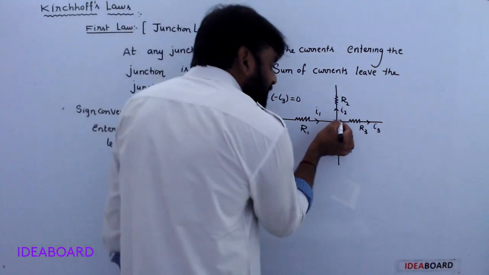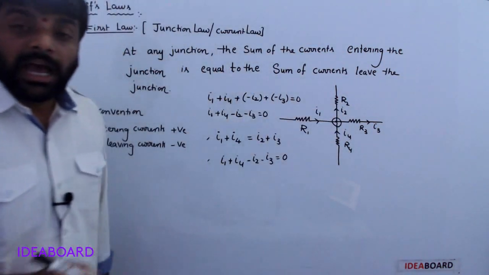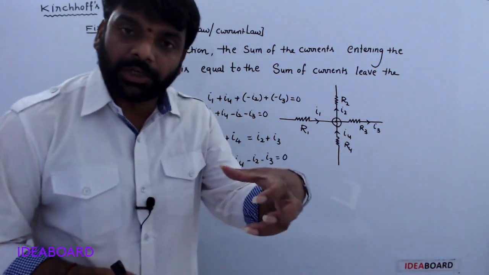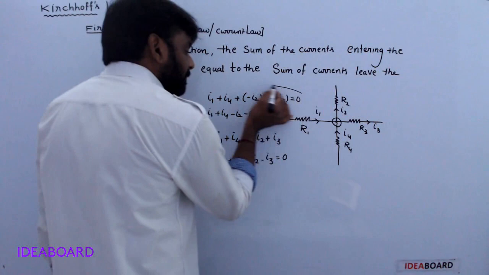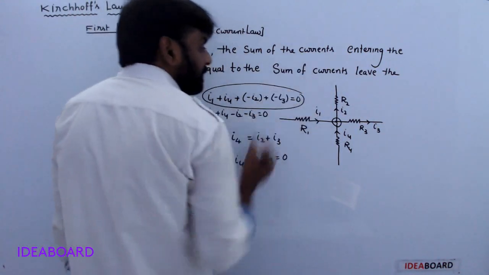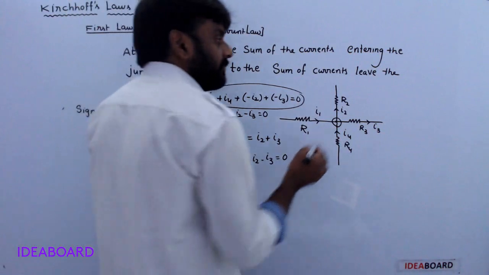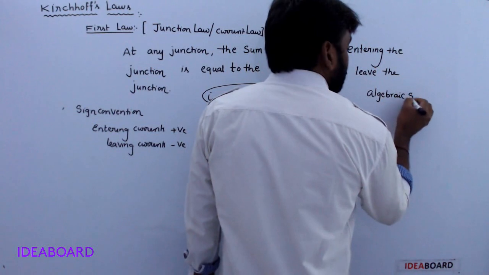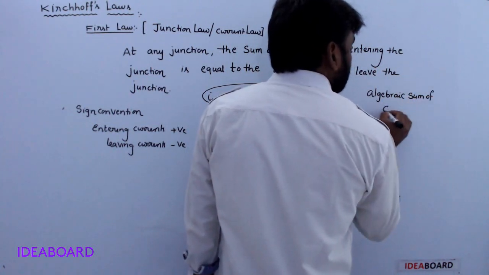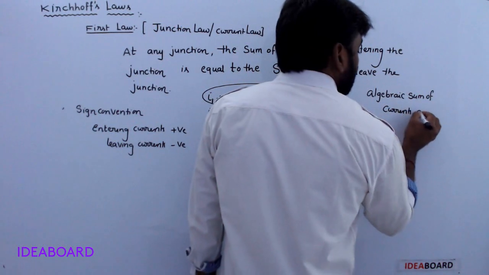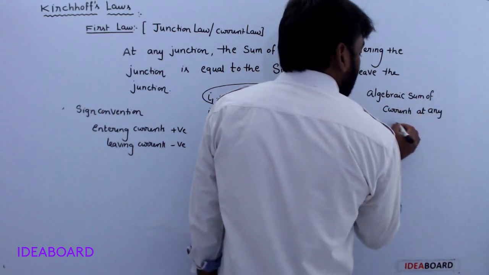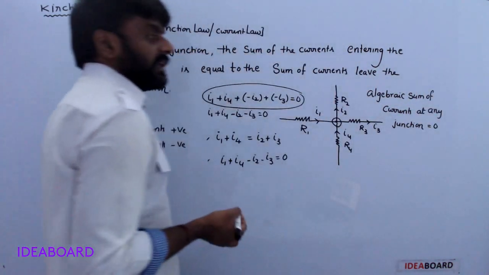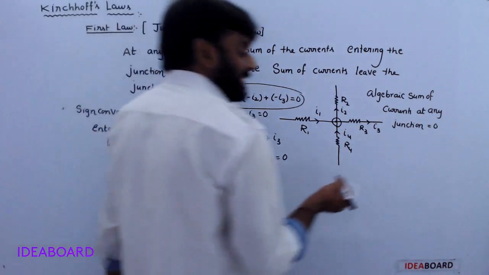Simply, another definition of Kirchhoff's first law is that the algebraic sum of currents at any junction is equal to 0.